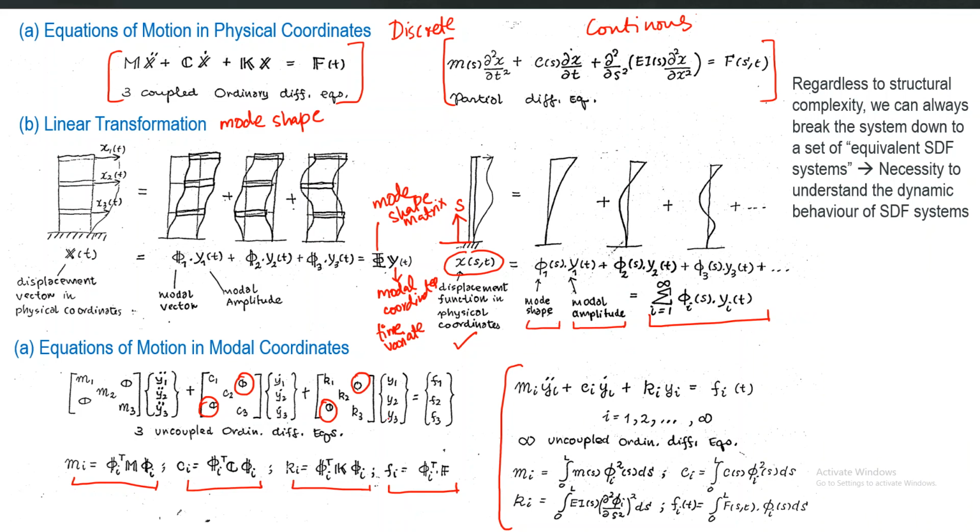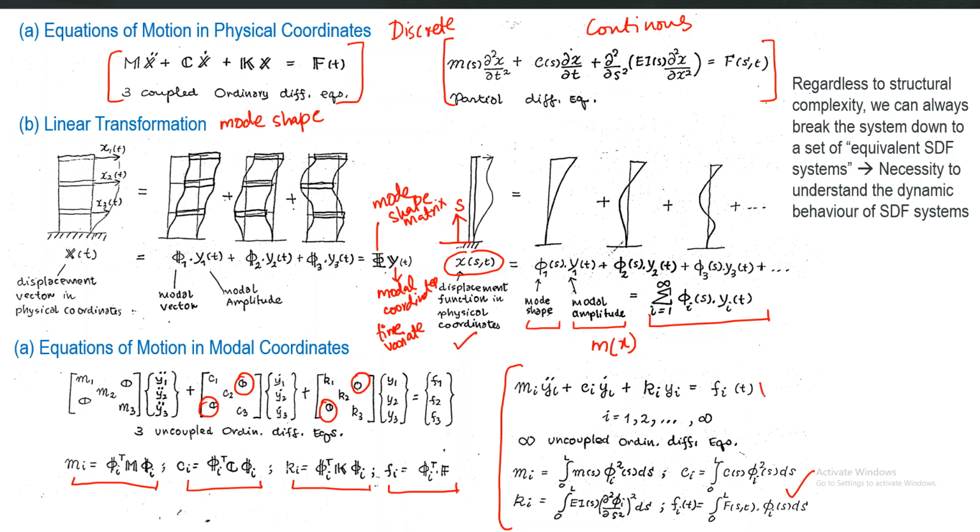Similarly, the story masses are replaced with the mass distribution function m of x, the stiffness is represented by a variable EI value, and similarly there is a variable damping force and a variable modal force. So using this linear transformation with mode shapes or mode shape functions, regardless of the structural complexity, we can always break down our system into a set of equivalent single degree of freedom systems.